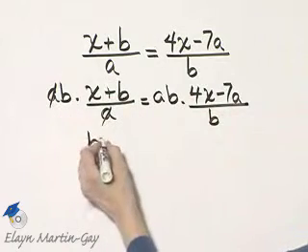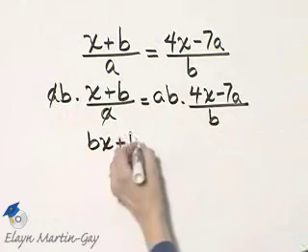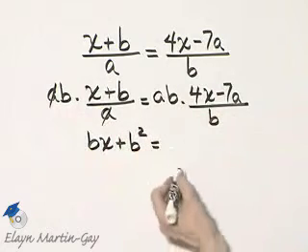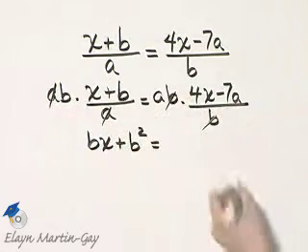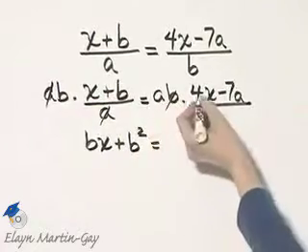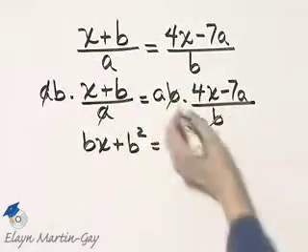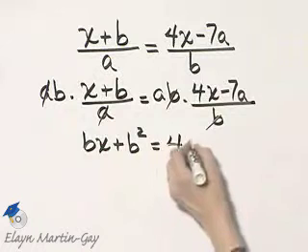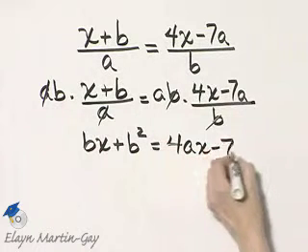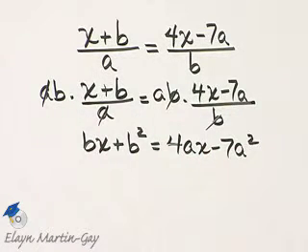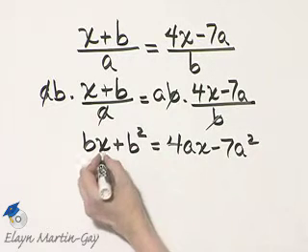That's bx plus b squared is equal to, here the b's divide out, and I'll go ahead and multiply a times the binomial, so that's 4ax minus 7a squared.